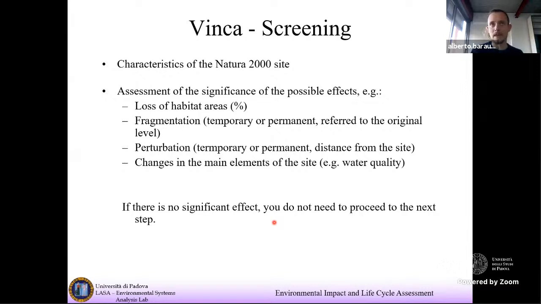For example, loss of habitats in percentage, fragmentation, changes in the main elements of the site, such as water quality, and so on. Just an example to show you that it's very difficult to give you general rules about this.